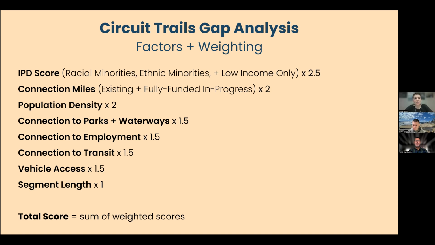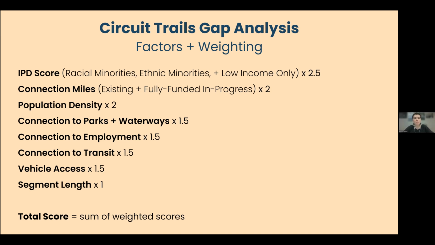So the highest weighted factor was IPD score. If you're not familiar with IPD scores, DVRPC has some great resources on their website explaining their methodology. But basically, that is a combination of factors that ranks census tracts, I believe, by their IPD as an indicator of potential disadvantage.